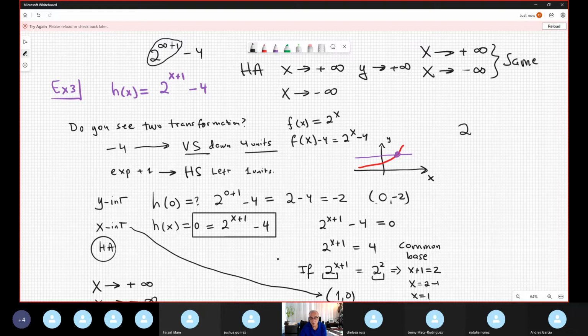We have 2 to the minus infinity plus 1, minus 4. Minus infinity plus 1, 1 is negligible. And this is 1 over infinity. You see in the decay part, when x approaches negative infinity, it approaches 0. So 2 to the negative infinity approaches 0. Therefore, the y value for our function approaches negative 4. And this is our famous horizontal asymptote.